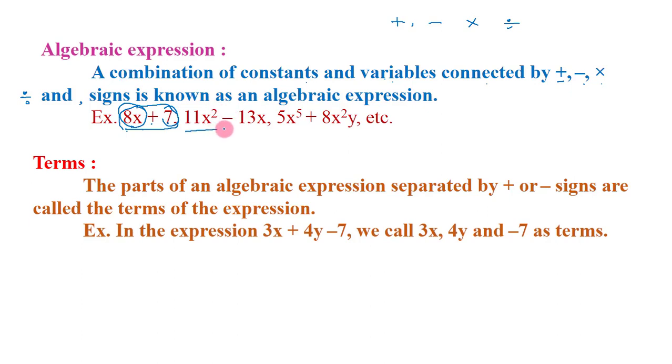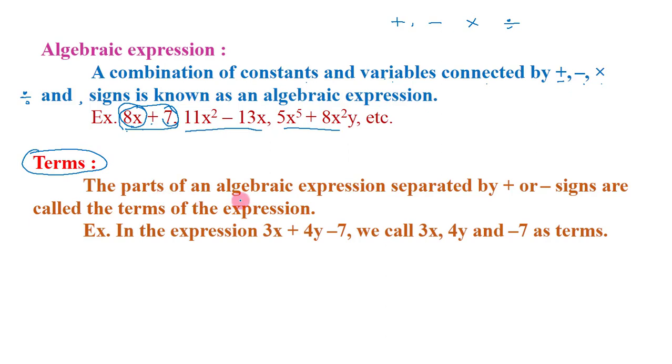If you observe the next example, 11x square minus 13x, this is a combination of variables. It is also known as an algebraic expression. Now here you should understand one important topic, that is terms.